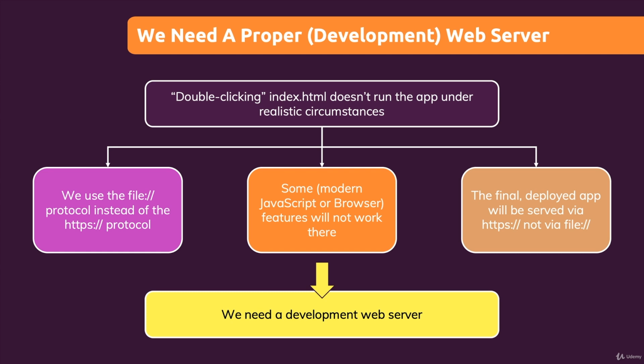You can still test everything locally on your machine, but with an important difference: this development web server, which I will show you how to set up, it will be very easy, no worries. This development web server will serve your web app, your HTML file, via the HTTPS or the HTTP protocol on your machine, not via the file protocol. And that will be one important difference.